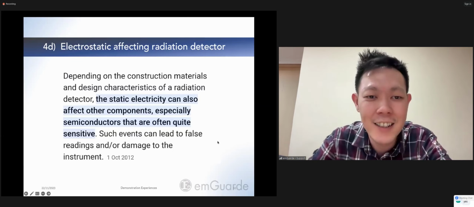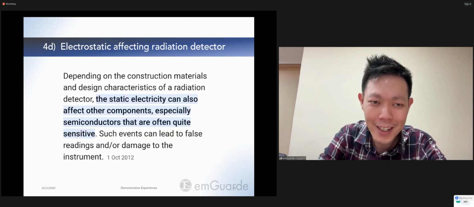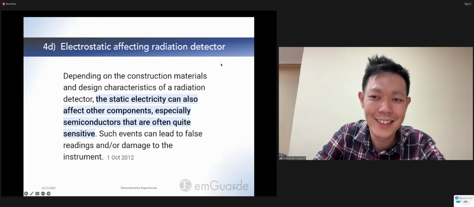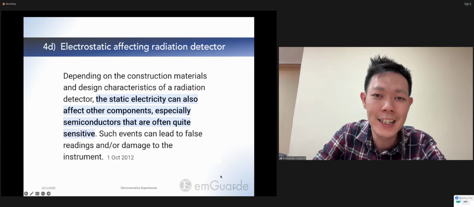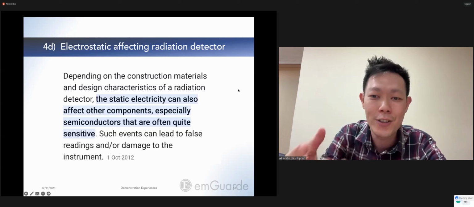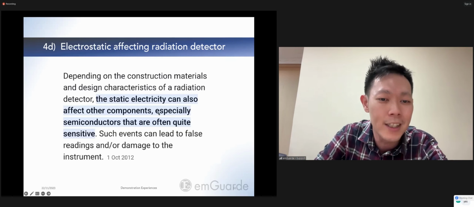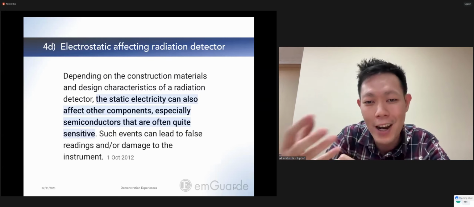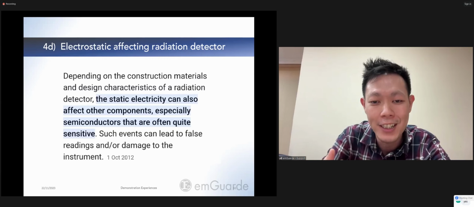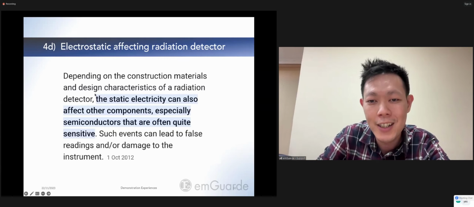Okay guys. So this is what we researched on Google. So this electrostatic, right, will affect the radiation detector depending on the construction material, and you can see that the static electricity can actually affect the component, especially semiconductor, that often quite sensitive, because radiation detector, just now you mentioned that you can see the electrostatic, why sometimes that beeping got false reading, everything, right, is due to the static.